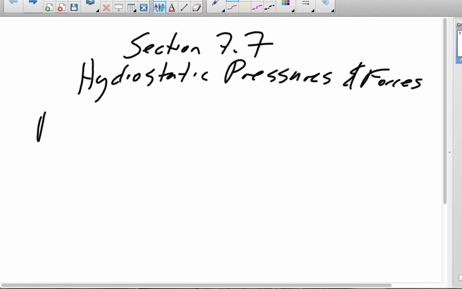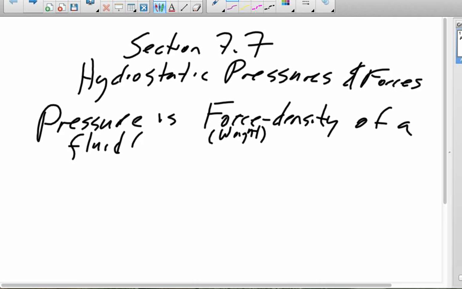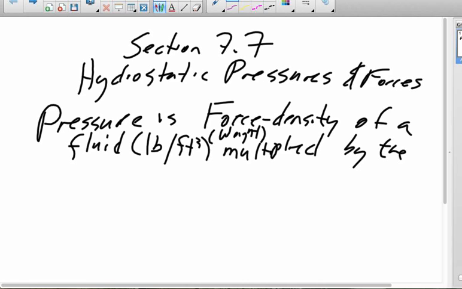Okay, pressure, or hydrostatic pressure, is basically a force or a weight, if you want, density of a fluid, and force density, for instance, would be things like pounds per cubic foot or newtons per cubic meter, multiplied by the depth of the fluid.